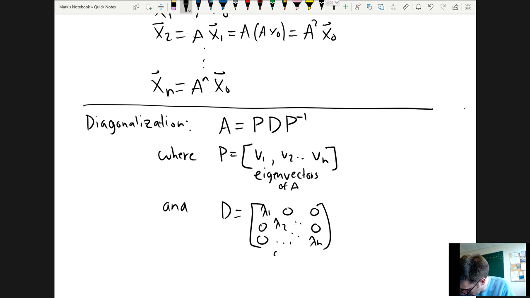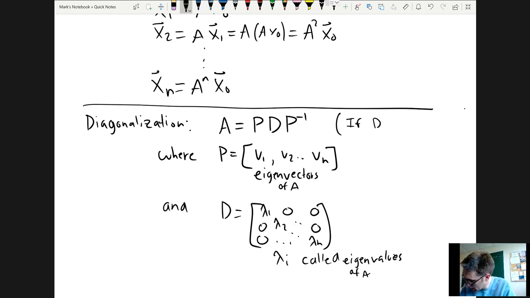And lambda i is called the eigenvalues of A. This is not always true, but it is true if A is n by n and has n eigenvalues.